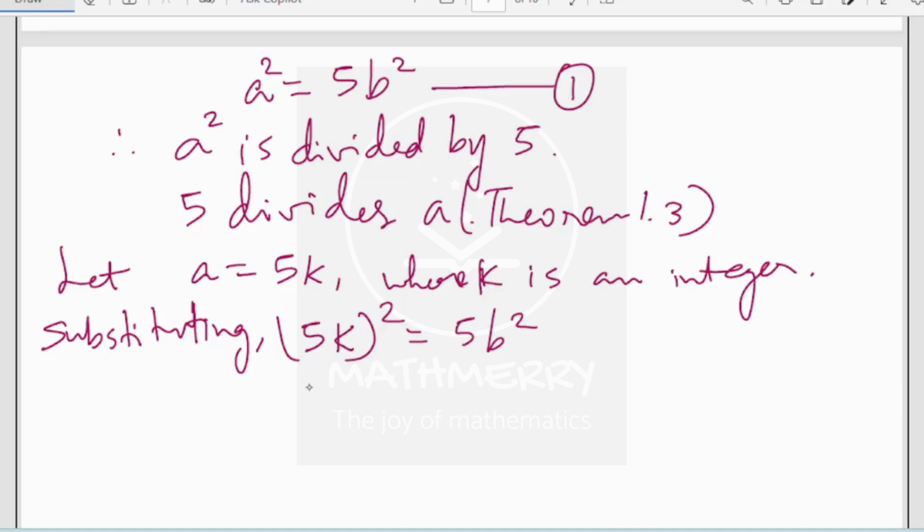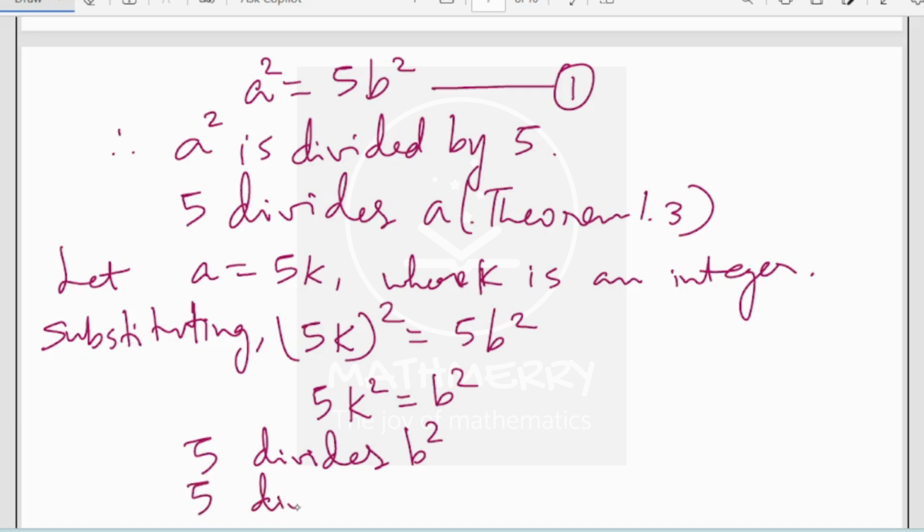So that means 5k square is equal to b square. This means 5 divides b square. So that means 5 divides b.